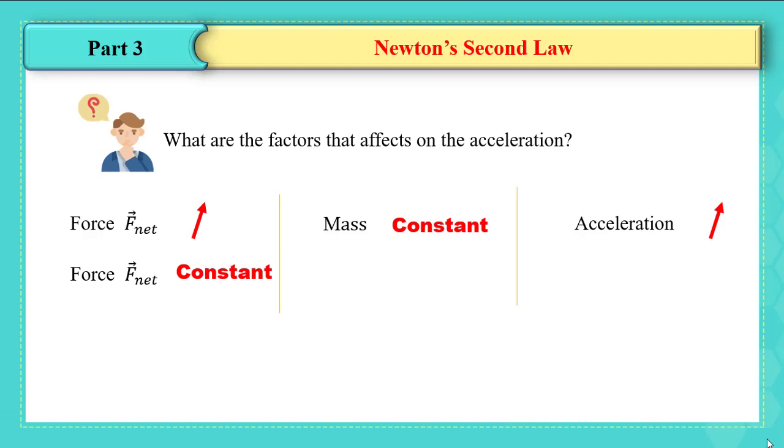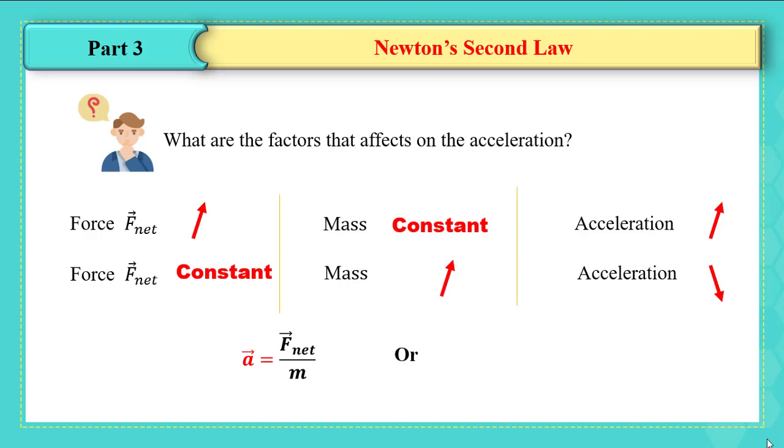While if the mass is greater with constant force, the acceleration is smaller, so they are inversely proportional. Mathematically, it can be written like this: a vector equals the net force vector over the mass. In simple terms, the acceleration is directly proportional to the net force applied and inversely proportional to the mass of the object.